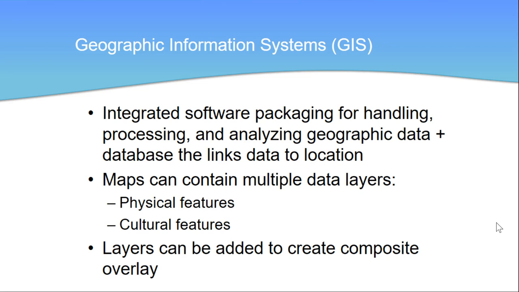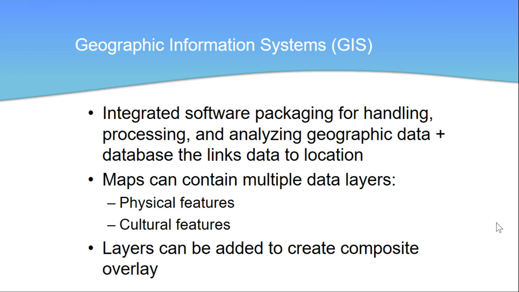So you're using computers to make maps and overlay data, because maps can contain multiple data layers. If you think back on the first day, we saw a map that was a political map and also had elevation, and then also showed where water was. That's actually physical features and cultural features, because it was a political and a physical map together. And this is what we're talking about with these layers.